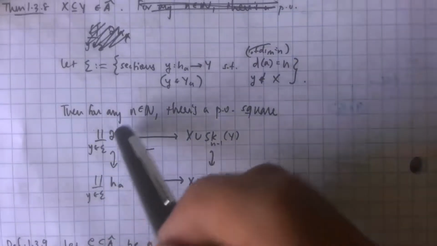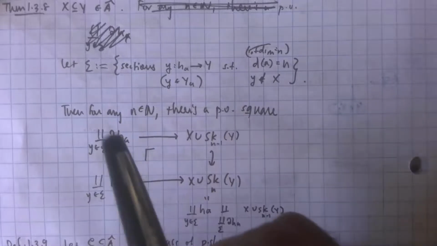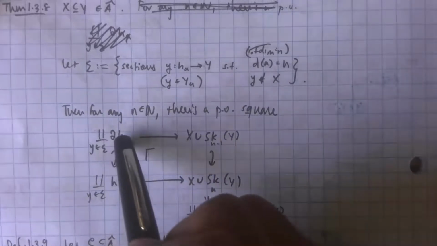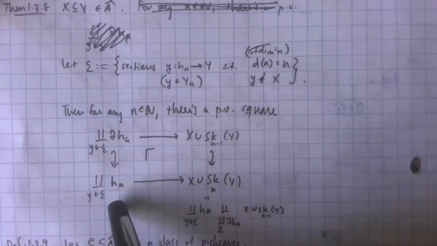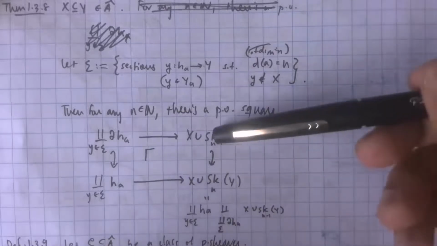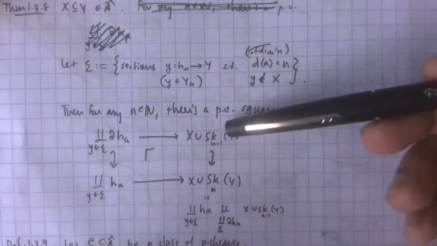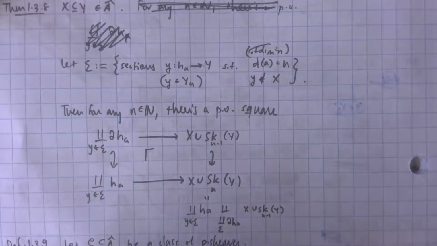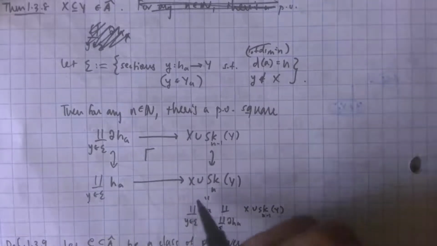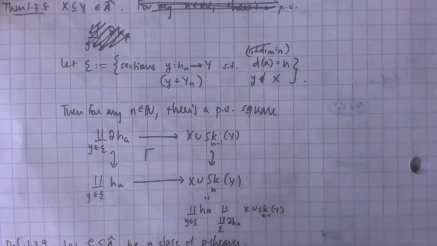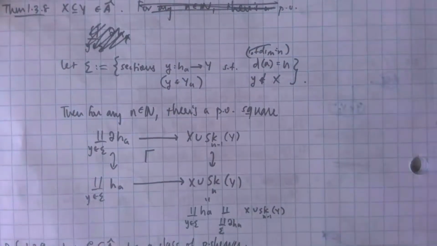Collect all the boundaries of things that are dimension n that don't live in X, and then fill those in. And then push out from the n-1 skeleton of Y into the n skeleton of Y. This is just me trying to write down what this meant. But that's the theorem.